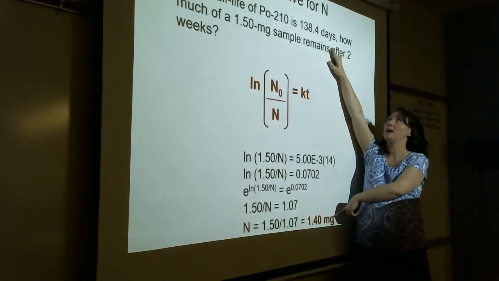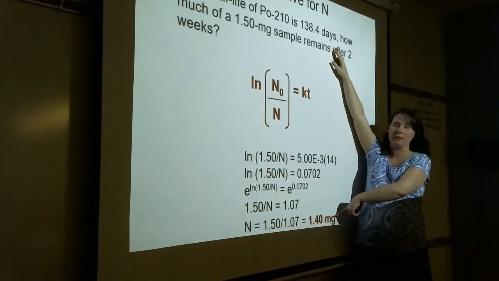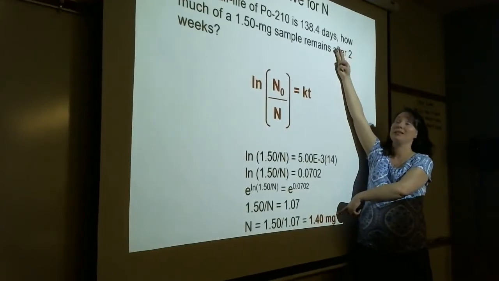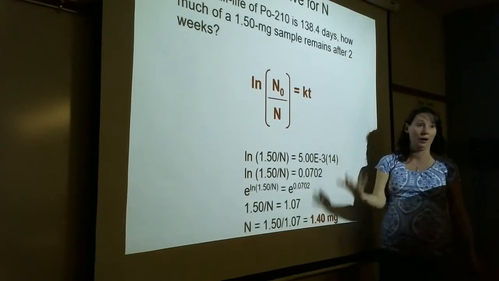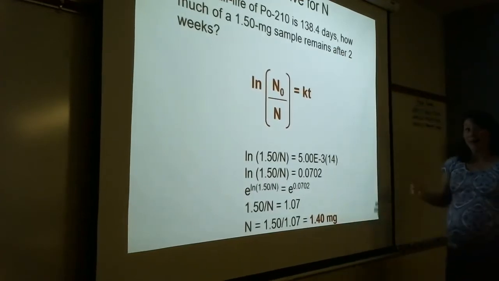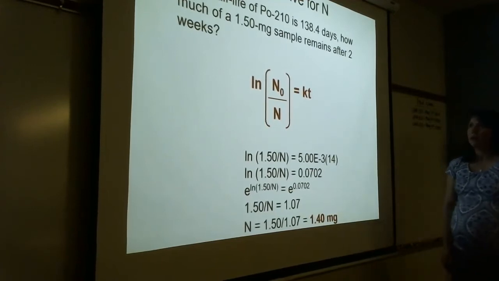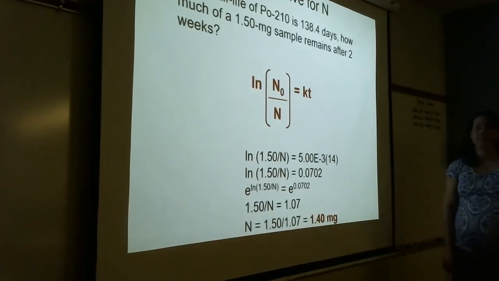Only 14 days has gone by, so does it make sense that my mass only went down by 0.1? Yeah, because I haven't even made it half of one half-life yet. So yeah, that's a reasonable answer. Do we agree on this one?